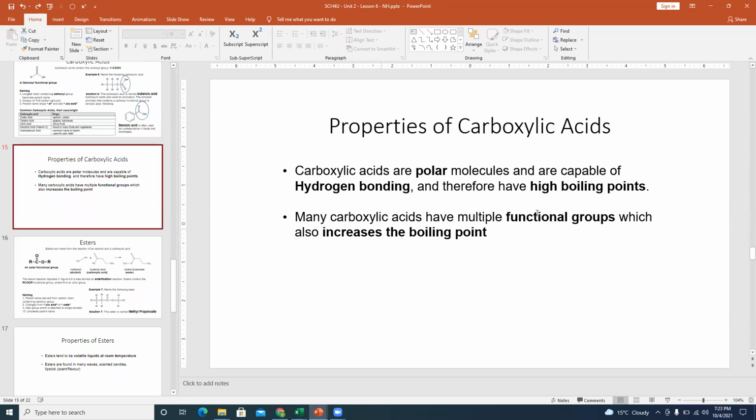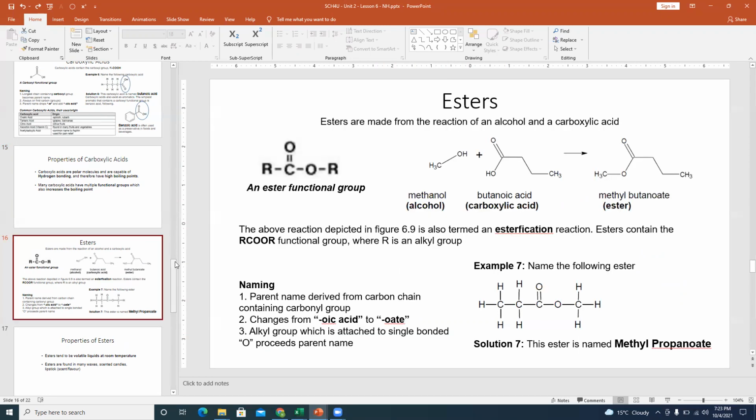We talked a little bit about carboxylic acid properties, such as hydrogen bonding and the polarity of the molecules, and the boiling point. They also have high boiling points. We talked about esters, and COO continues with an R. So again, you can see how we are kind of building on the concept.